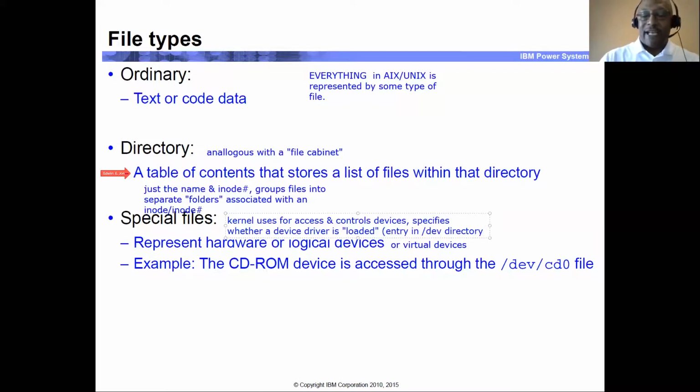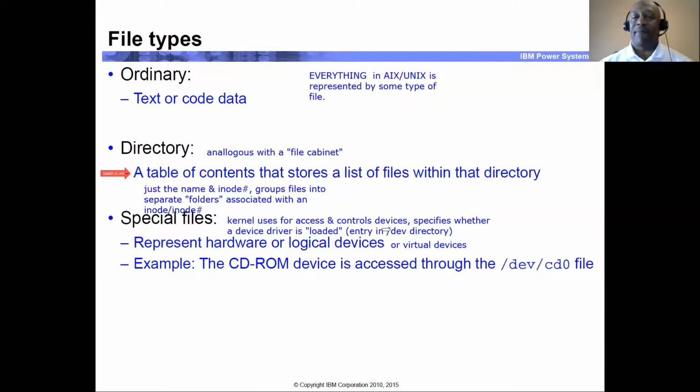An example of a special file: the CD-ROM device is accessed through the special file entry /dev/cd0. If it's hdisk0, it would be /dev/hdisk0, because there would be an entry for that particular device within the /devices directory.